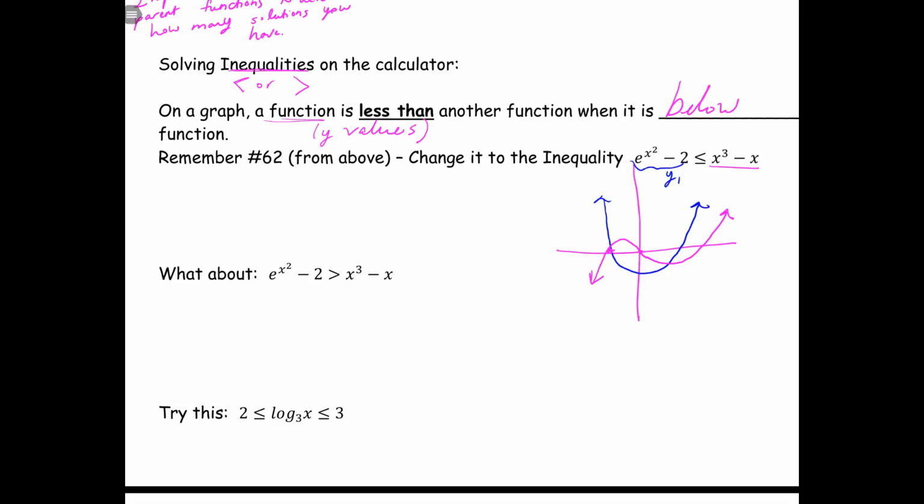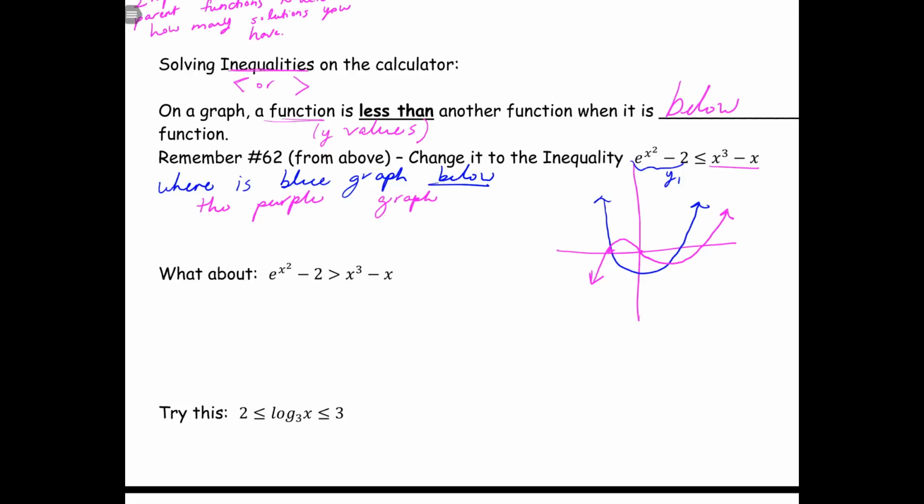And basically we're looking for where the blue graph is below the magenta graph. We'll go ahead and call this purple, even though it's magenta, I think, below the purple graph.